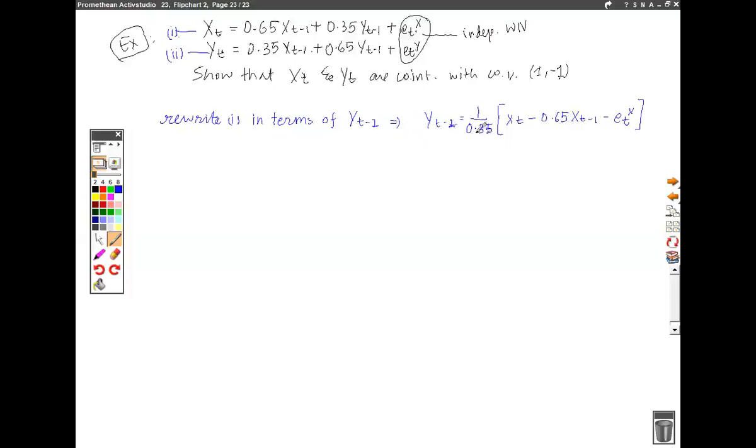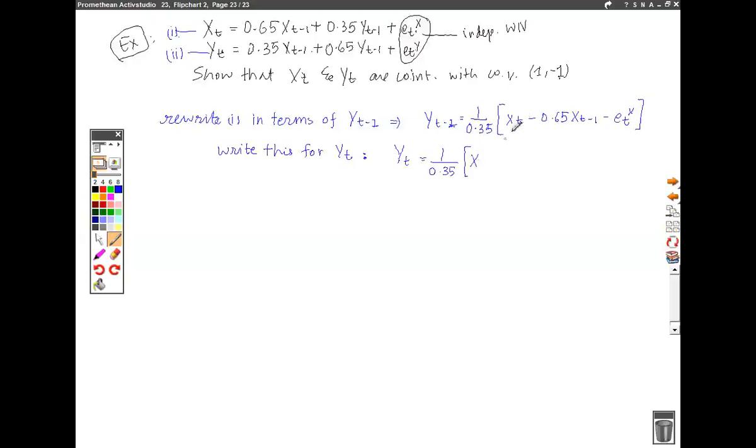And again, what I will do is, I will rewrite this term now for yt. So now I've got this expression. So my second step will be to write this for yt. So now instead of t minus 1, you just substitute t here. So what will you get? The constants will remain constant.